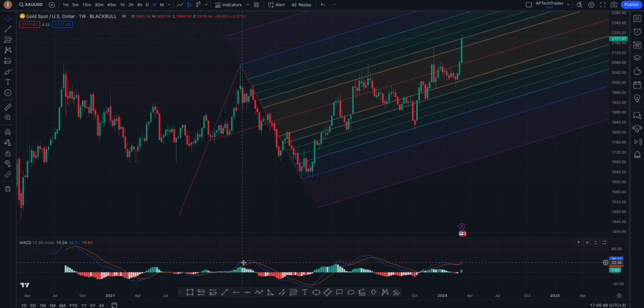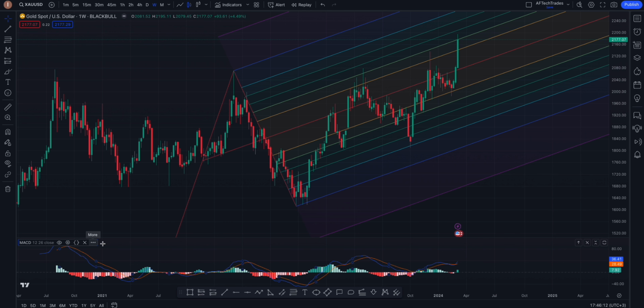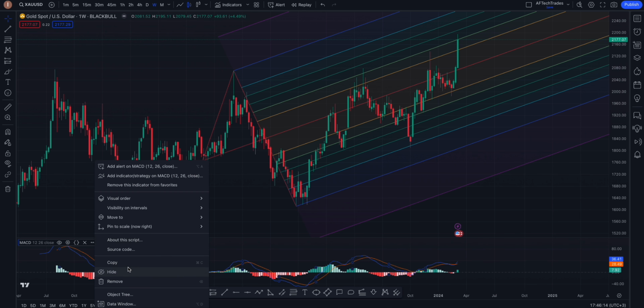On this one, the blue line is actually the MACD line. The signal line, sorry, let me go to settings. Give me the MACD settings. Okay, data window.